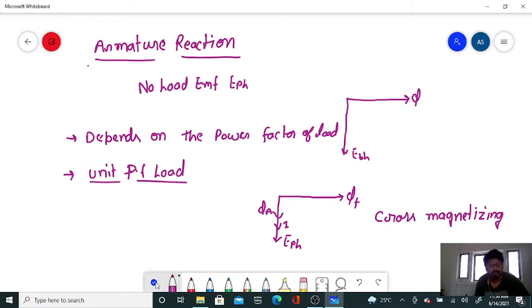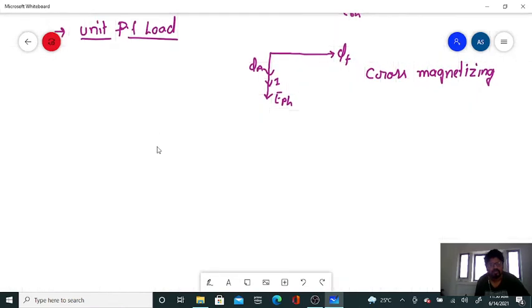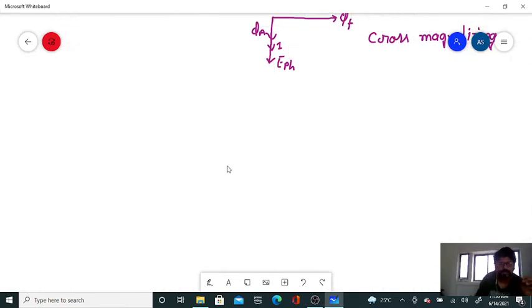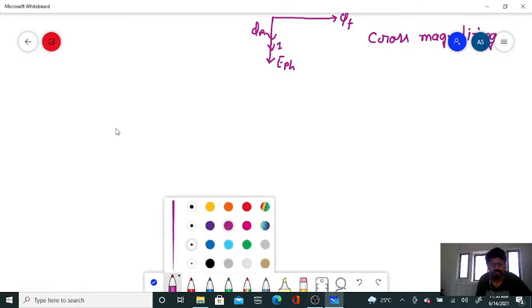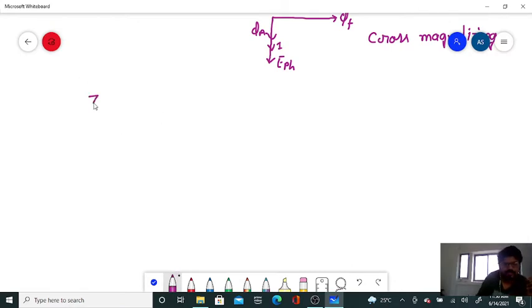Now if we have a zero power factor lagging load, suppose purely inductive, then what will happen?